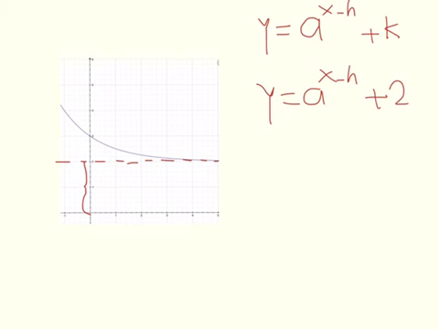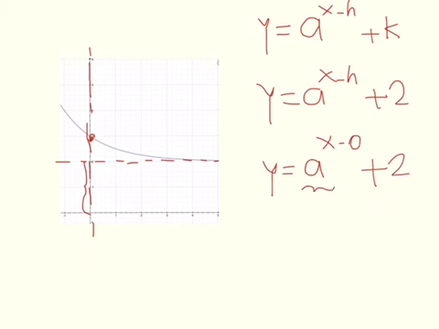Then, according to this horizontal asymptote, we move 1 unit up to see what is the first critical value, which in a usual movement will be 0, 1. And that point gives you the idea of no horizontal movement. So this will be a to the x minus 0 plus 2.